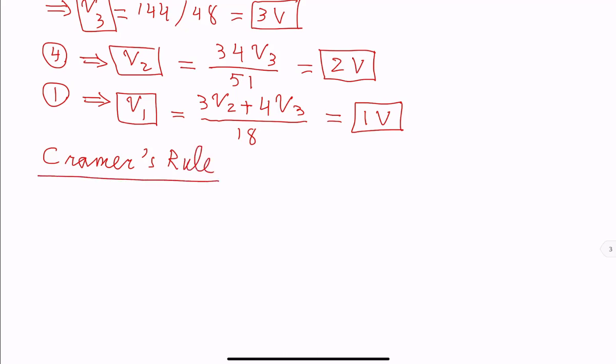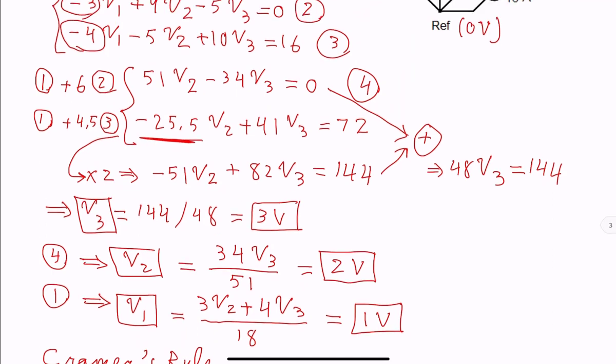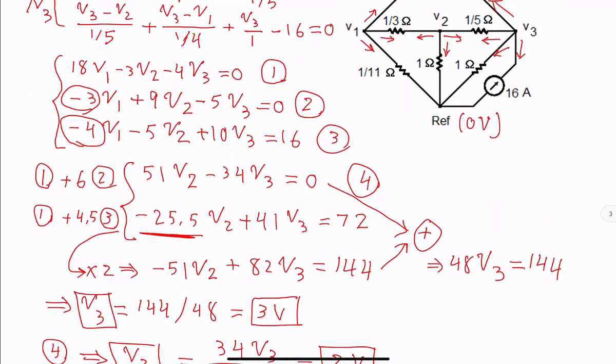V1 would be the ratio where the denominator is the determinant of the coefficients of the left-hand side of the 3 equations that we have there.